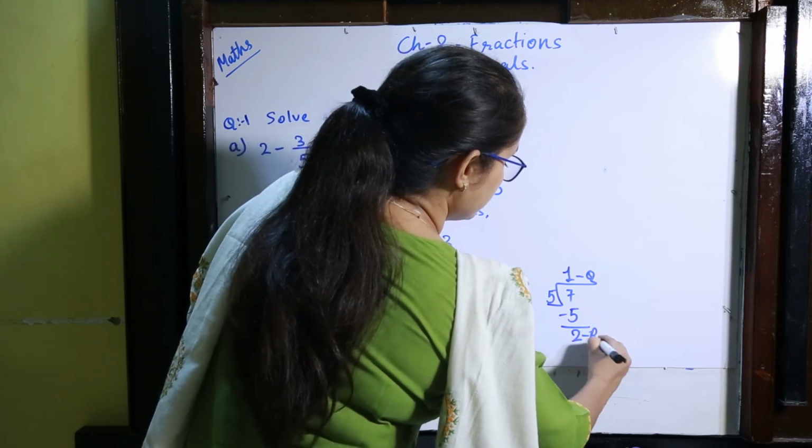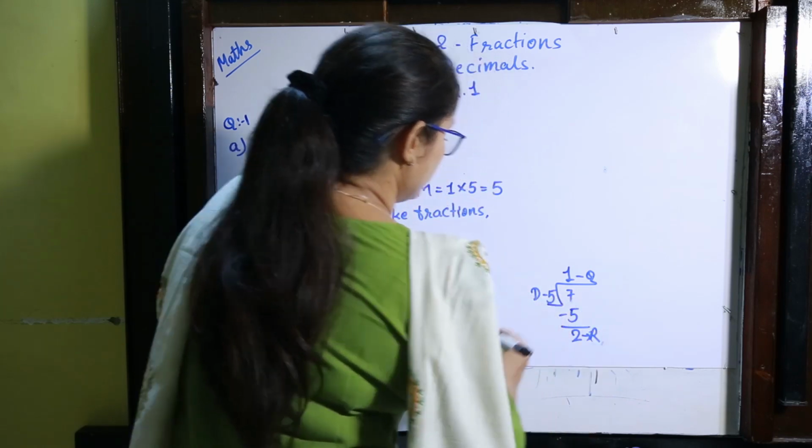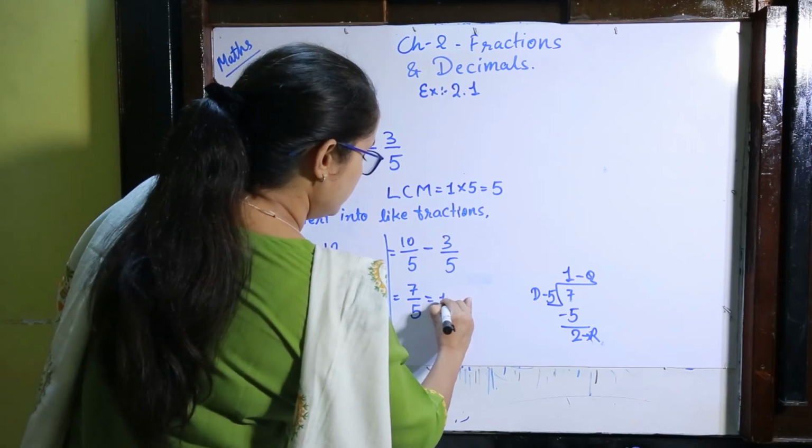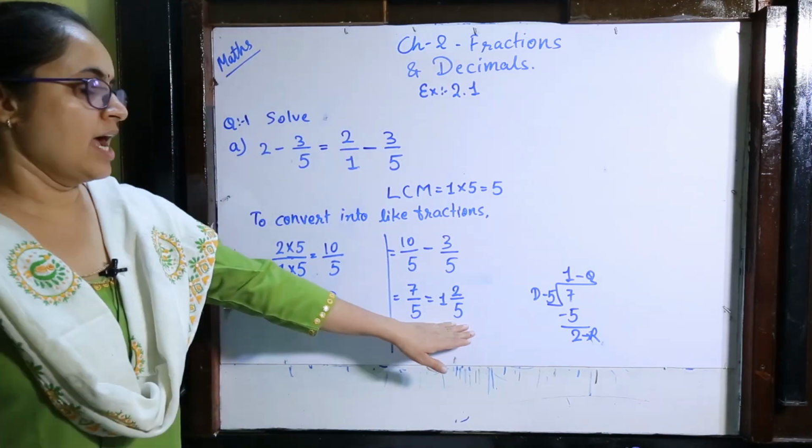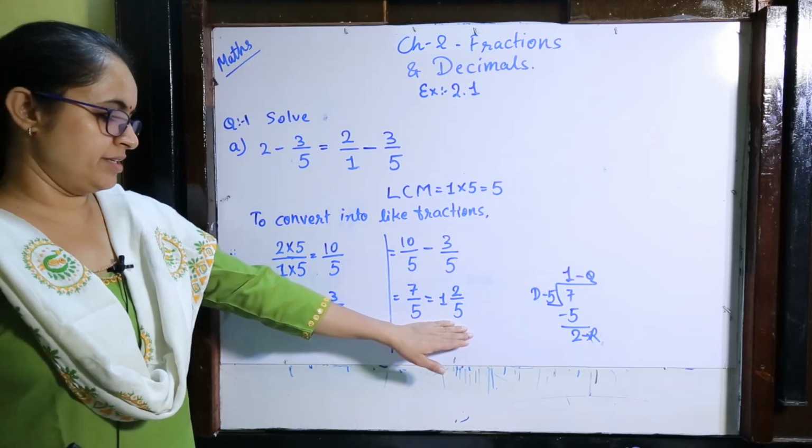So that is 1 2 upon 5. This is your answer of the first question.